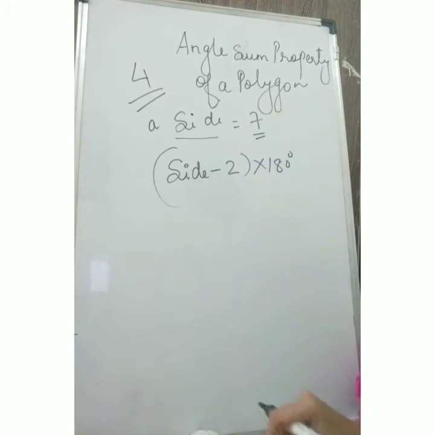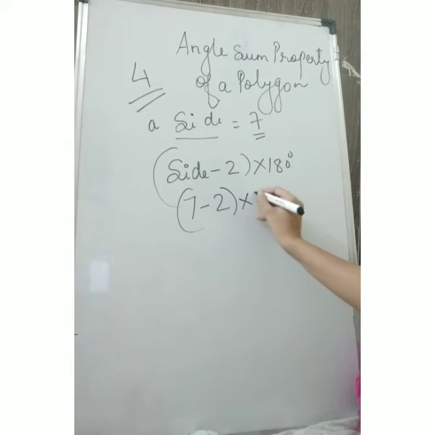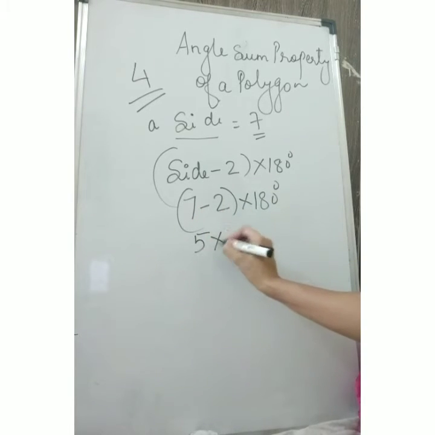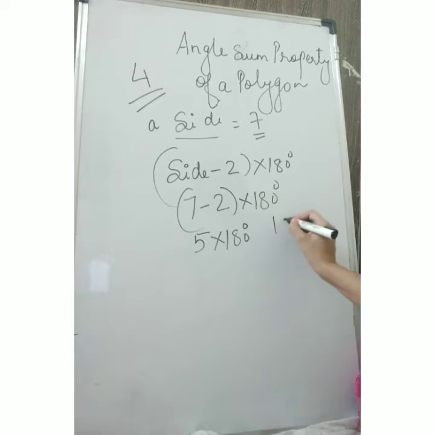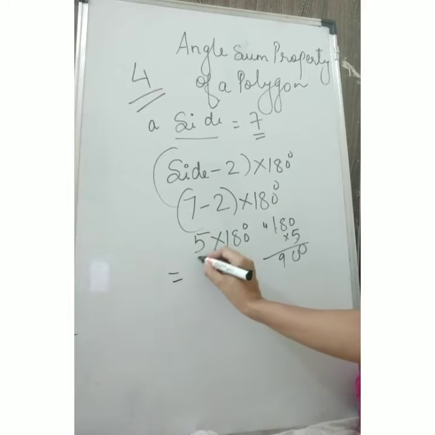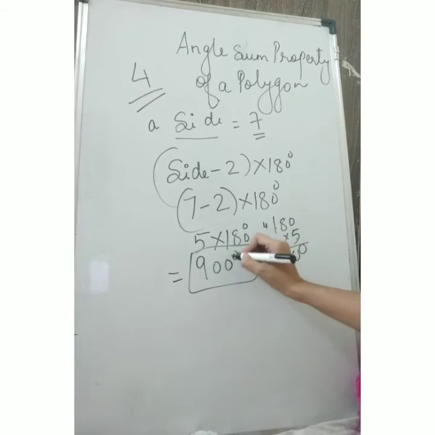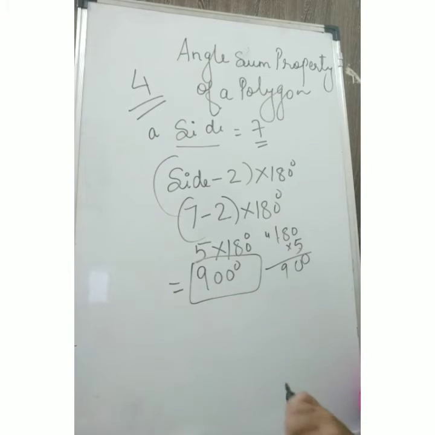Now if it has 7 sides, then 7 minus 2 into 180 degrees. So 7 minus 2 is, students, 5 into 180 degrees. Multiply 180 into 5. 5 zeros are 0, 5 eights are 40, 5 and the 4, 9. So it is, students, 900. So the angle sum property of a heptagon is 900 degrees. Okay.